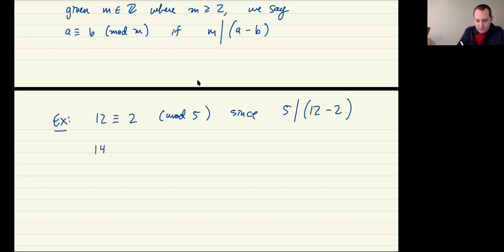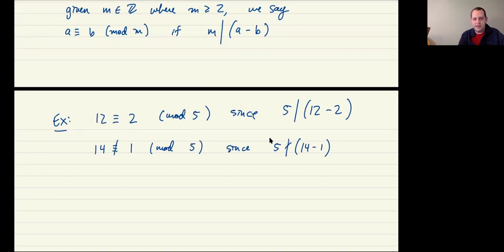If I were to have 14, that's not congruent to 1 mod, say, 5, since 5 does not divide 13, right, being 14 minus 1. So 14 is not congruent to 1 mod 5. 12 is congruent to 2 mod 5. Okay, so this is a good example here.